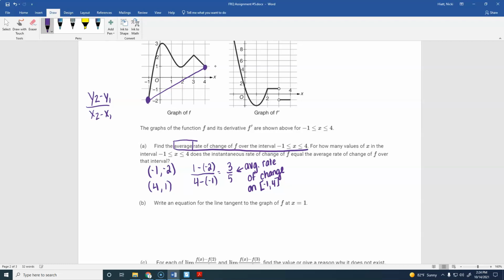Then they ask us for how many values of x in the interval -1 to 4 does the instantaneous rate of change of f equal the average rate of change over that interval. So what is the average rate of change I found? It's 3/5, right? What is the instantaneous rate of change? It's the slope at a given point, which is also our derivative or line of tangency.